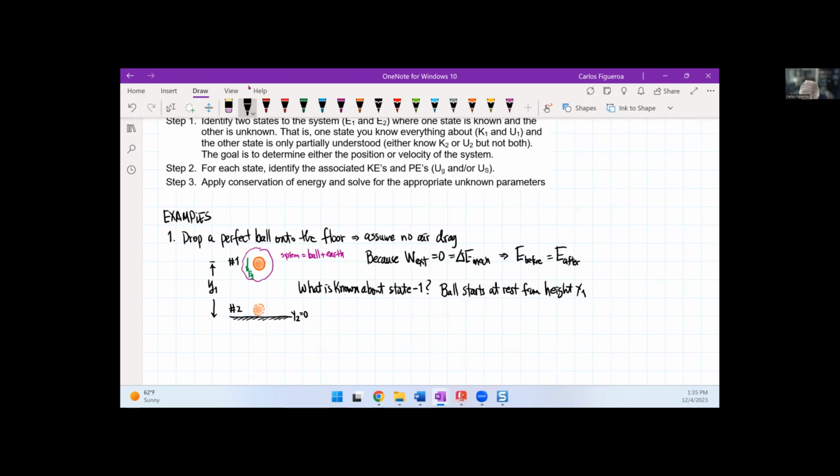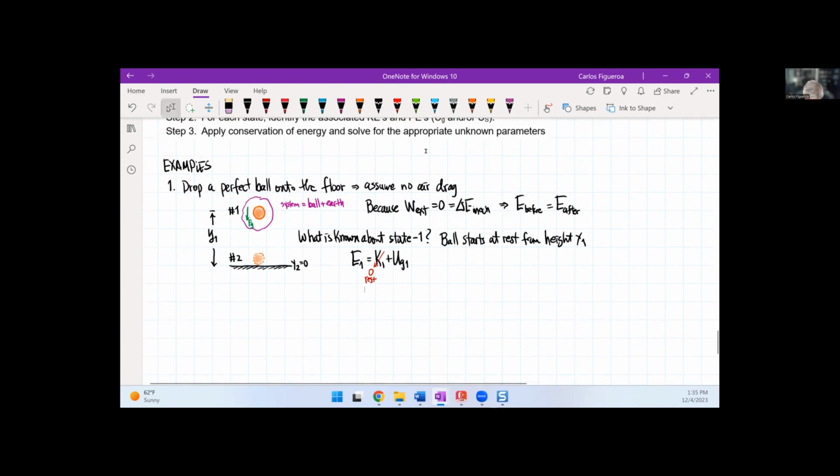When I look at the total energy of the system, it is K1 plus UG1. But since it's starting from rest, we immediately know that K1 is 0. So my bar chart tells me that I have this amount of potential energy.